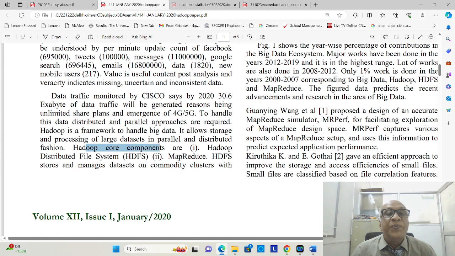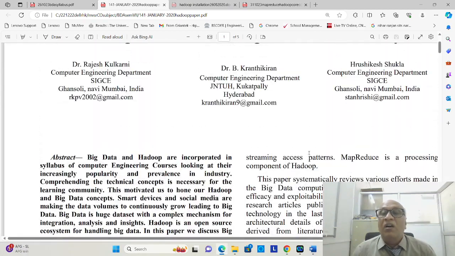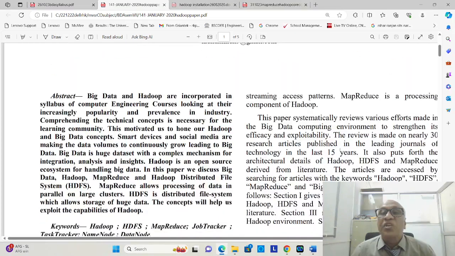Here, what is being mentioned is the core components of Hadoop are HDFS and MapReduce. HDFS stands for Hadoop Distributed File System. What HDFS does is store and manage data sets on commodity clusters, while MapReduce is the processing component of Hadoop.